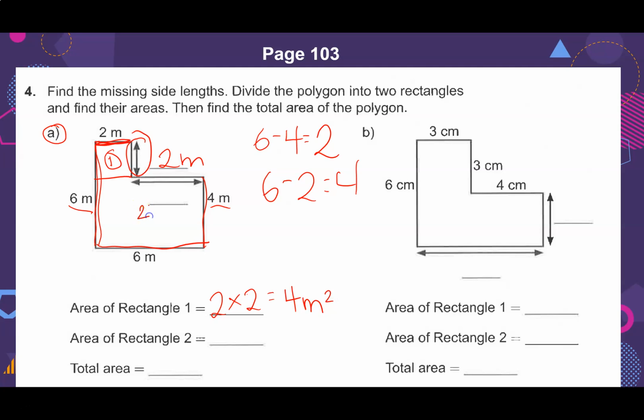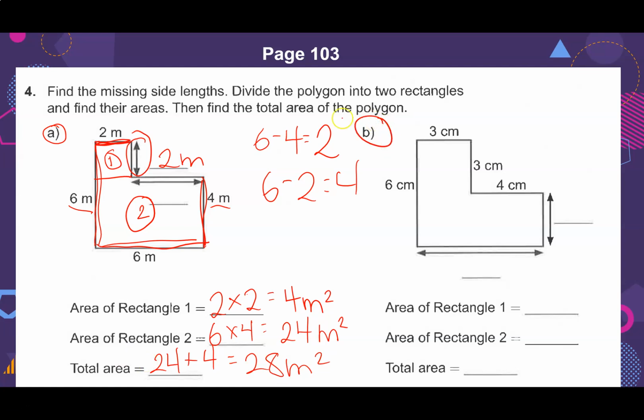That means rectangle 2 is the bottom bigger rectangle, and its dimensions are 6 by 4. 6 times 4 equals 24 meters squared. Our total area is the sum of 24 and 4. 24 plus 4 equals 28 meters squared. Please try B on your own.